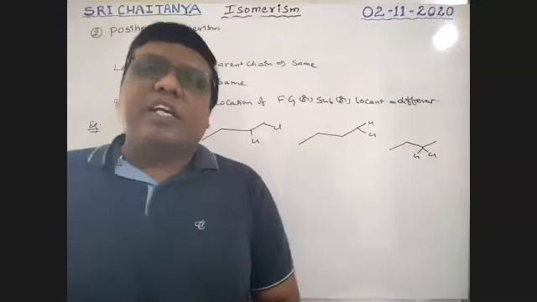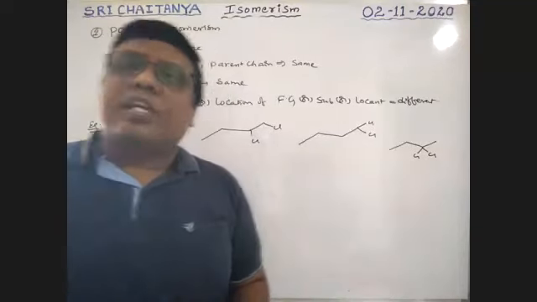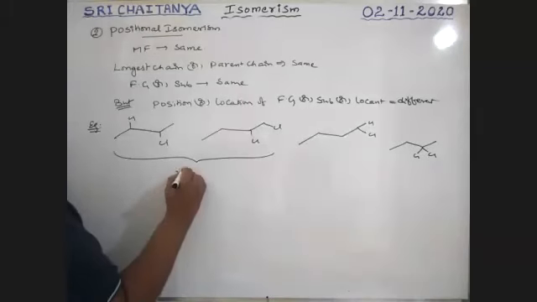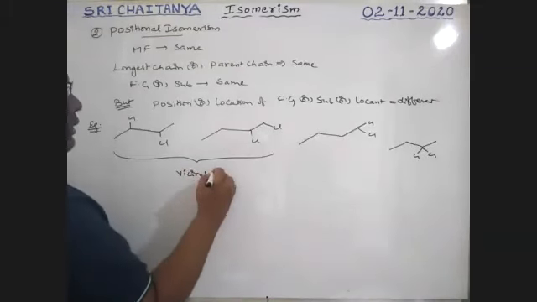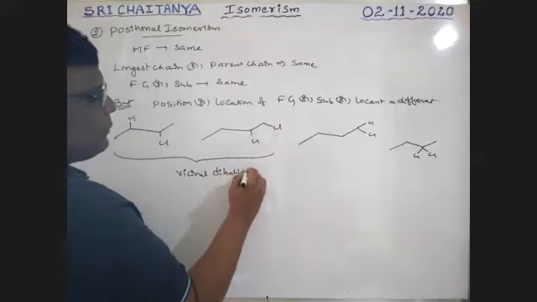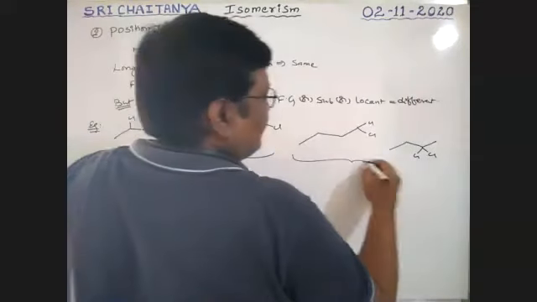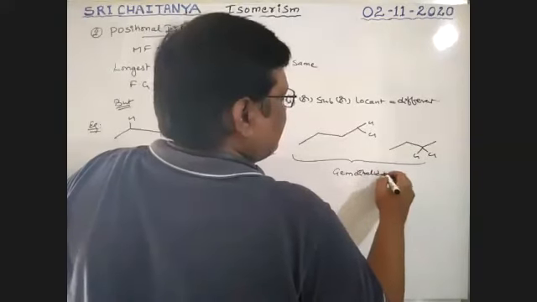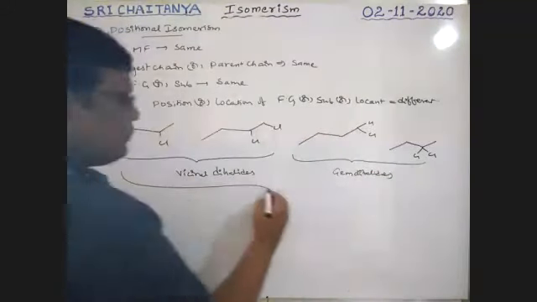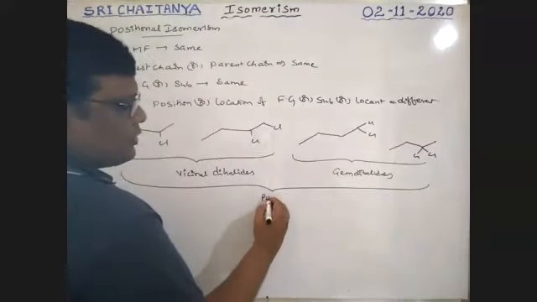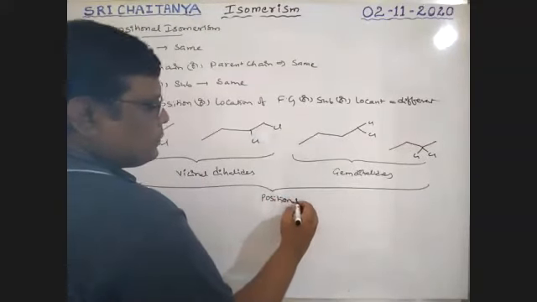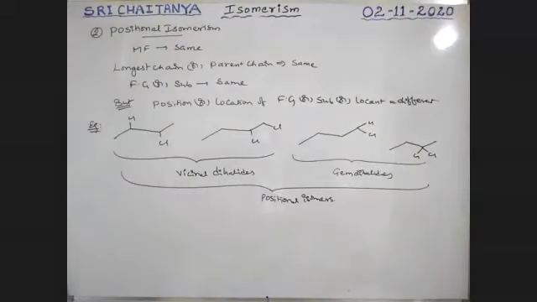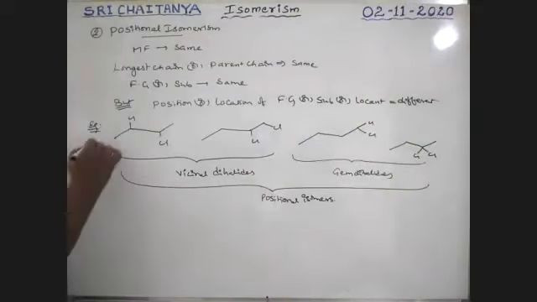Gem dihalides and vicinal dihalides are examples of positional isomers.